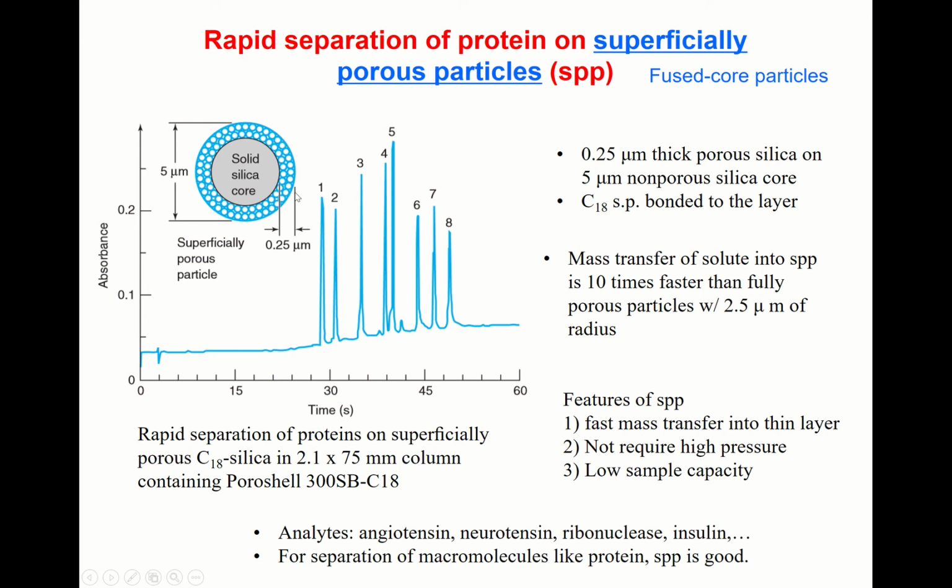So the features of SPP are faster mass transfer into the thin layer, and it doesn't require high pressure, because mass transfer is rapidly achieved. But there is low sample capacity, since the layer is thin.